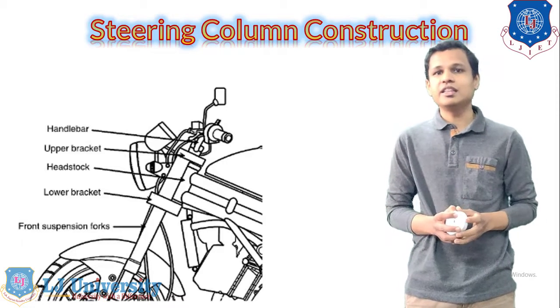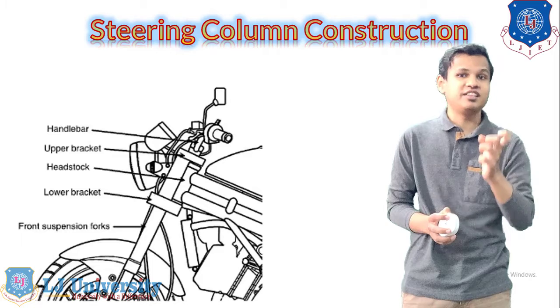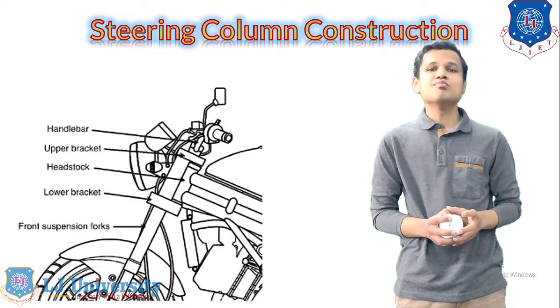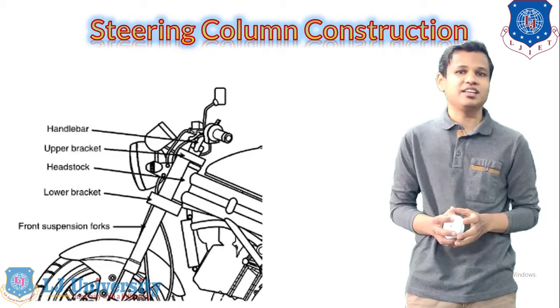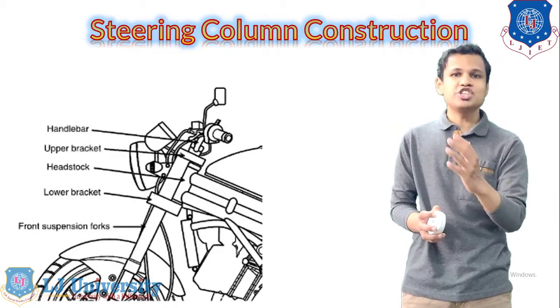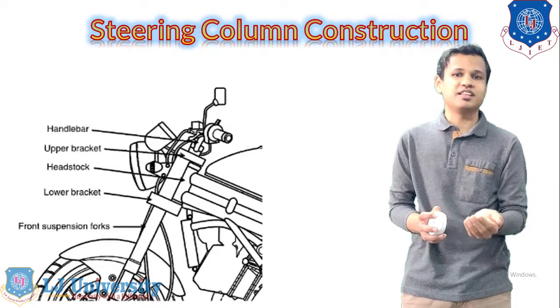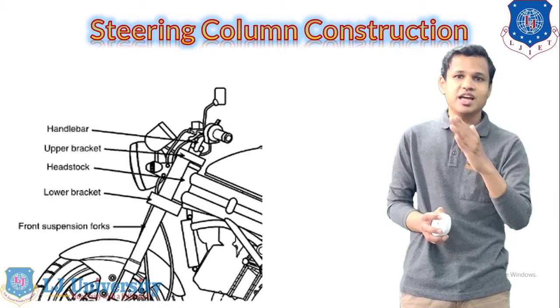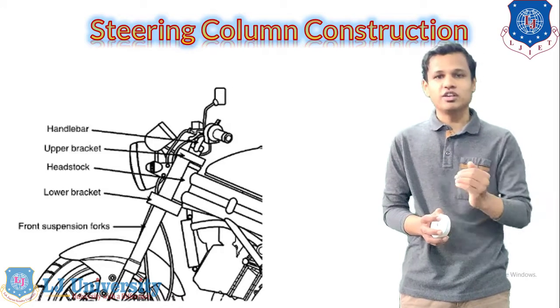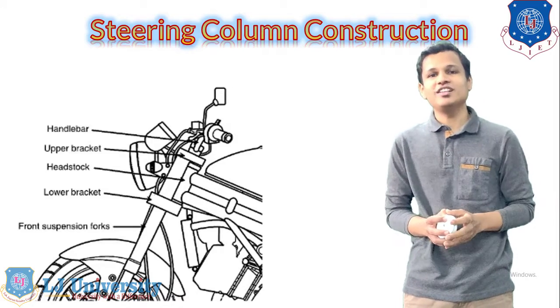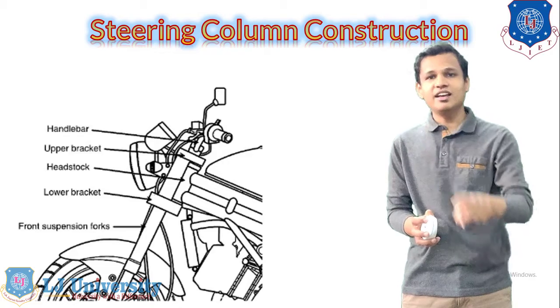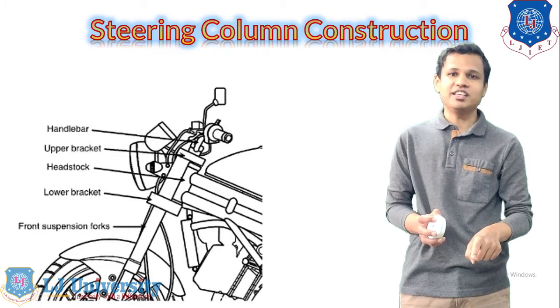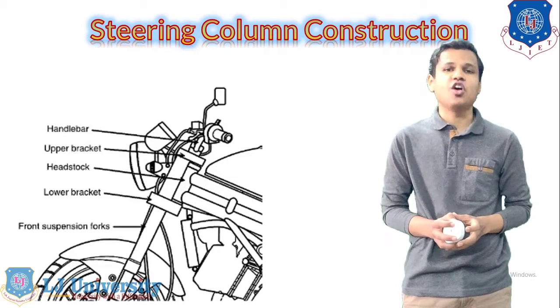What I said in the earlier video is that steering and suspension are both interconnected things. If we want to change the angle of the steering axis, then what will we have to change? The angle of the steering fork or the suspension fork. You can see the steering axis is passing through the suspension fork.